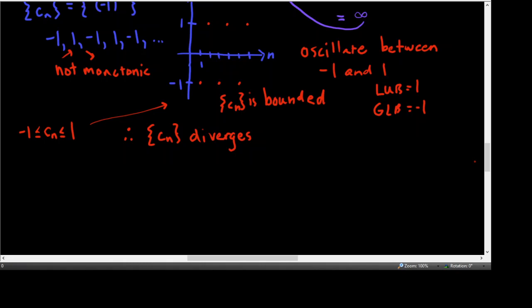It's not connected. So although C sub n is truly less than or equal to 1 and greater than or equal to negative 1, it only takes on those two values. But this is still a true inequality for C sub n. So that's another way to indicate that it's bounded. So that would lead us to that statement.